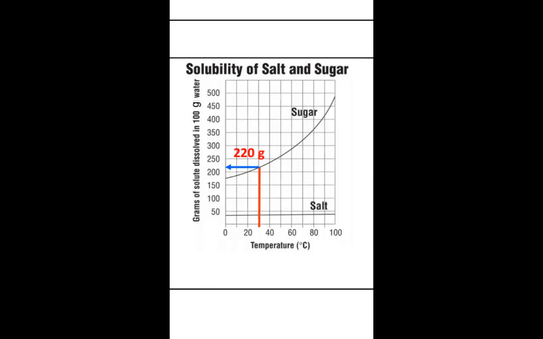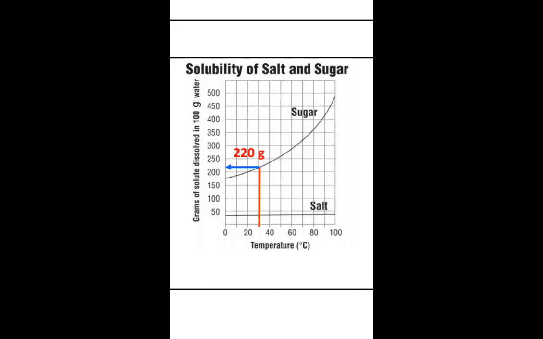So before I proceed, if you look at the graph very well, and you are asked what is going to be the mass of the solid that's going to saturate the solution, for example the mass of sugar that's going to get saturated at 80 degrees Celsius, what you do is move to 80 degrees Celsius, then trace that 80 degrees Celsius up to the point of the curve.